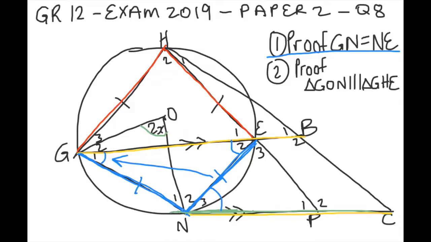Okay, so let's see what we can do. So that's 2x. If you look carefully, if that is 2x, it's extended from chord GN. GN is over here. It extends to the center O, which is 2x, but the same chord also extends to an angle on the edge of the circle.